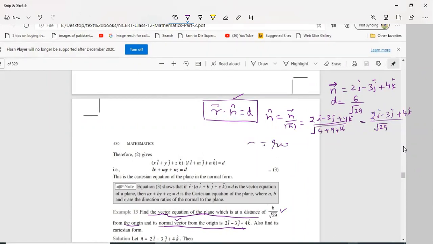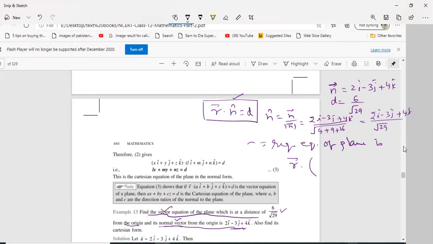Therefore, the required equation of the plane is r dot, because we are writing in vector form, find the vector equation of the plane. So we will write in vector form.